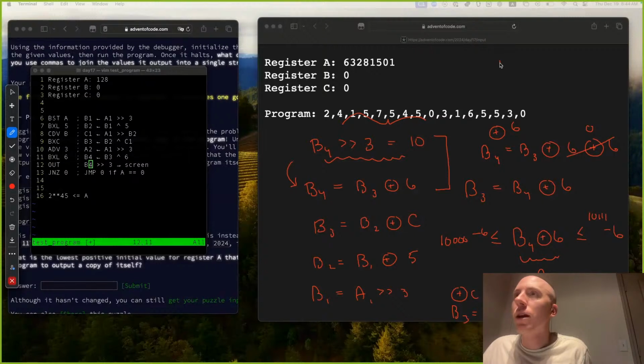Basically, we now have B3 XORed with C is greater than or equal to this thing minus 6, minus C, that's the range there. And then this thing plus 6, wait, I like adding 6, plus C. And this is equal to B2 now.